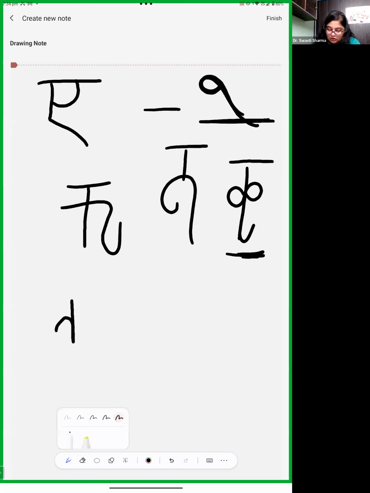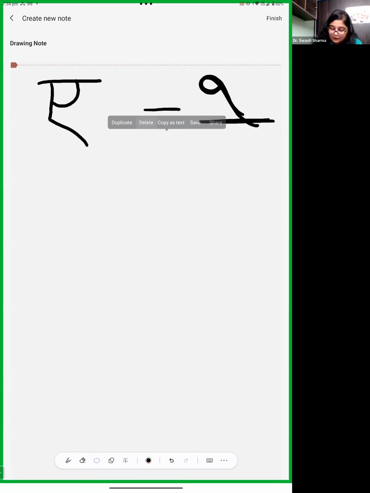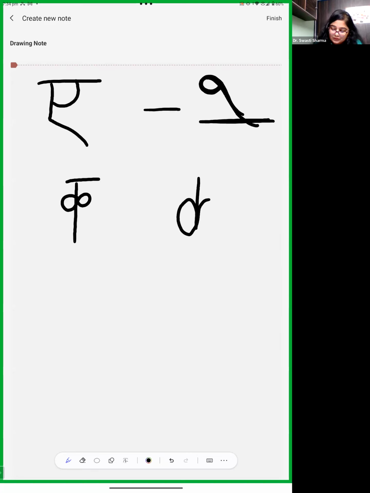I'm making these two again. Just look carefully at the screen. First of all, this is ka and this is cha. The main thing is the space between the Shirorekha and the letter.